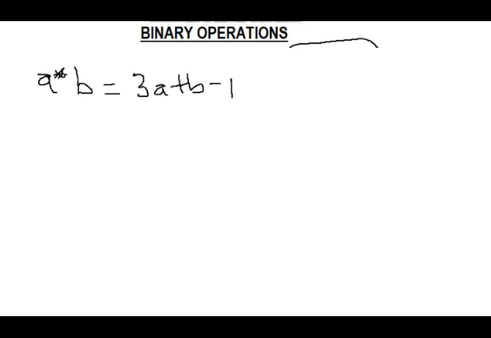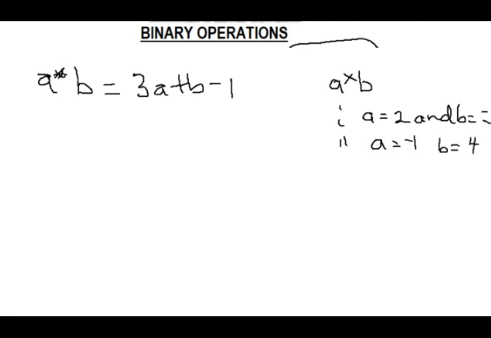Then we are told to find A star B if A is 2 and B equals minus 3, and also if A equals minus 1 and B equals 4. Now with this one, they have given us our A and B. It is just like the one that we did.